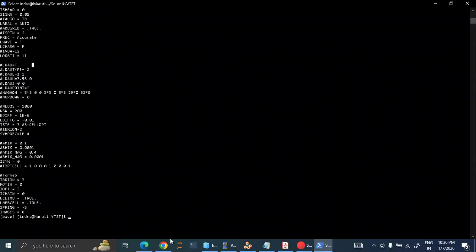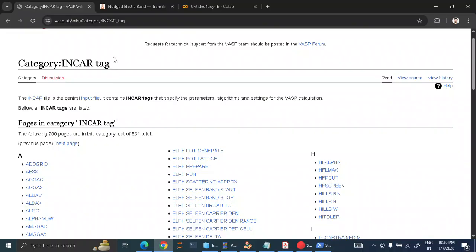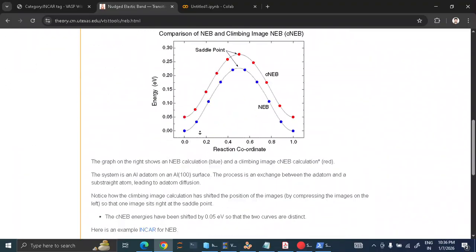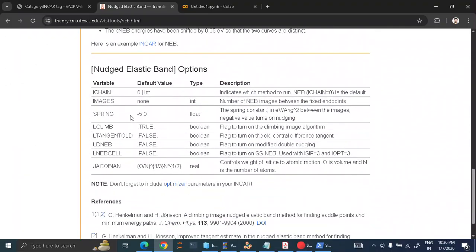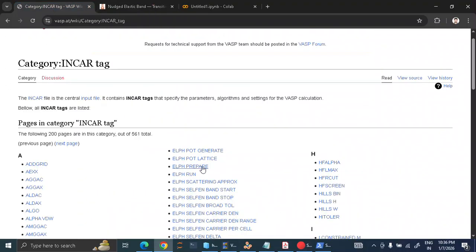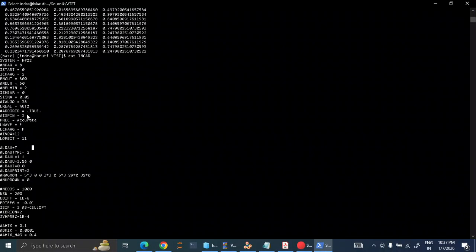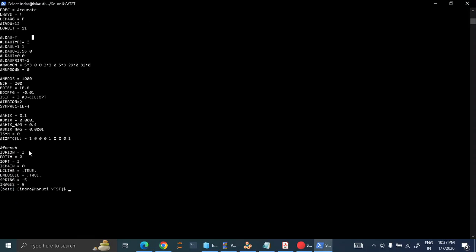You can follow the nudged elastic band website to understand the role of these tags, and you should follow the VASP wiki. All DFT users know that to understand the INCAR tags properly, you should follow these tags carefully, otherwise you will fail to calculate VC-NEB in phase transition cases.